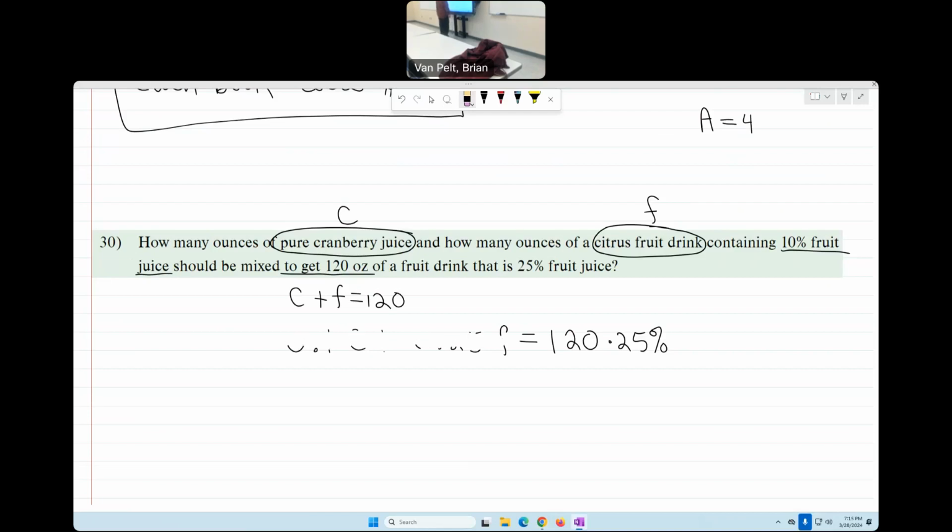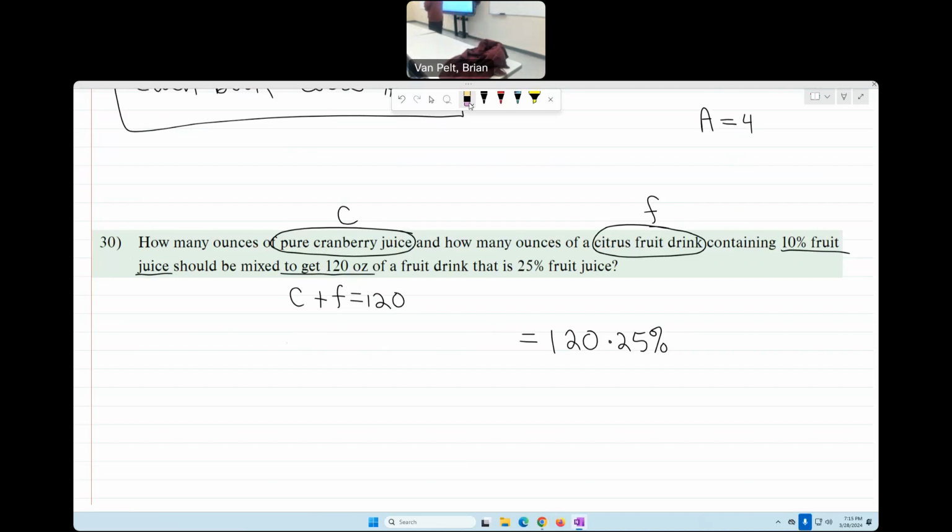I'm going to explain as I write it up here. For the second equation, we want to know how much pure fruit drink is in there. We know that its concentration is 25%. But let's take a can of beer, 12 ounces, and the alcohol, let's say, is 5% of it. How much pure alcohol is in that can? You take 5% times 12 ounces. You get 0.6 of an ounce. That's how much pure alcohol is in the can of beer. That's how you do it.